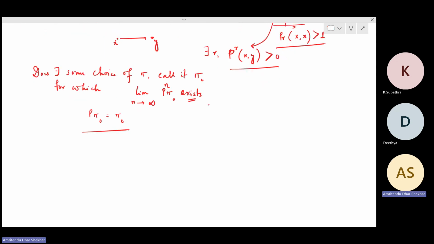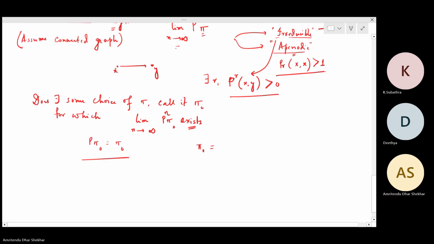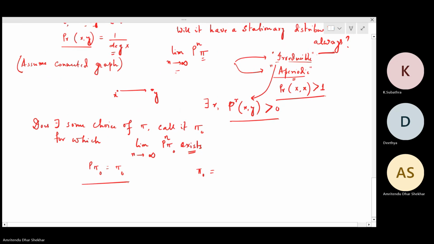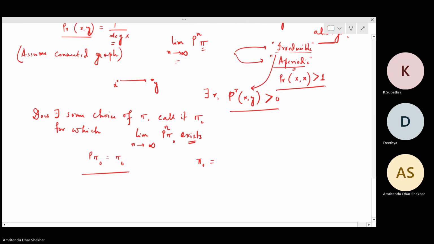So what if we set pi 0 of x to be equal to degree of x?